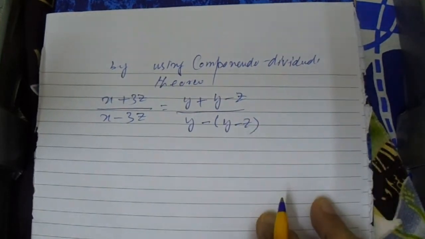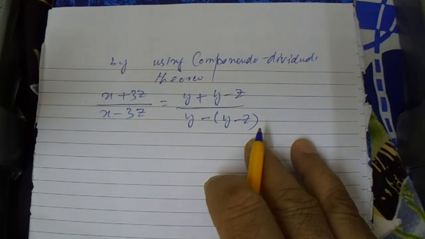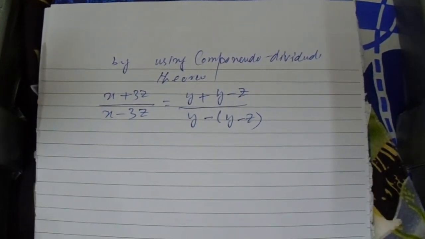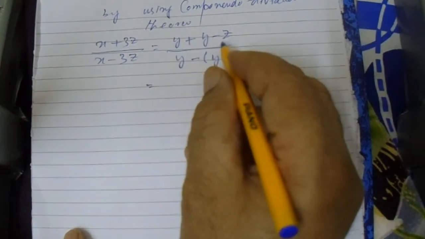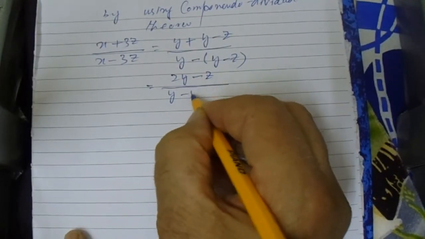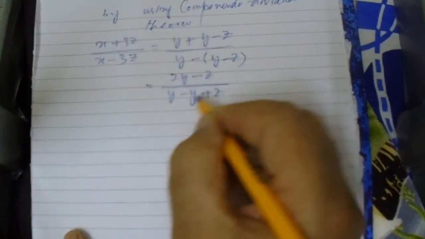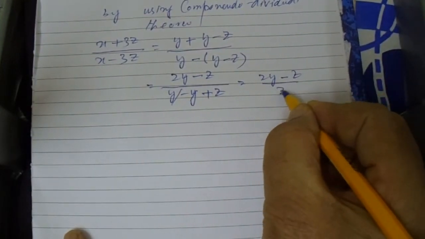This y, this y minus z, we write again is equal to this 2y minus z, here y minus y plus z. Now this will cancel, we have 2y minus z over z.